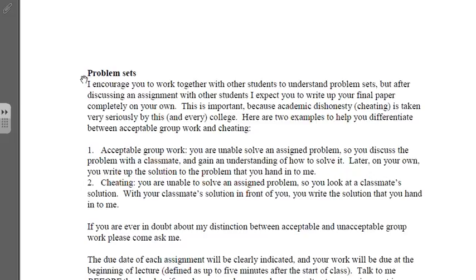That's fine with me, as long as from there you go off on your own and write the thing out based on your understanding and don't just copy it directly from notes that you got. That's the key distinction between copying and working together. And as long as you're not just copying down someone else's work, when I see people in my class working together on stuff, I feel like something good's happening there.